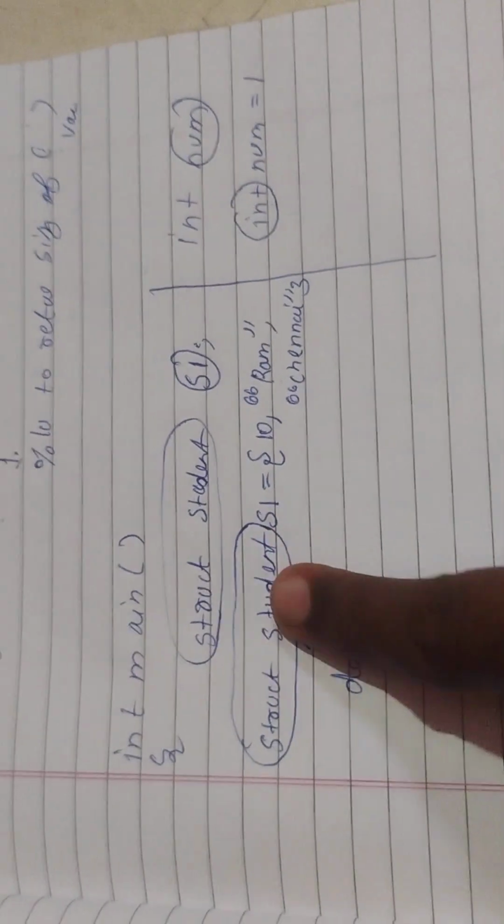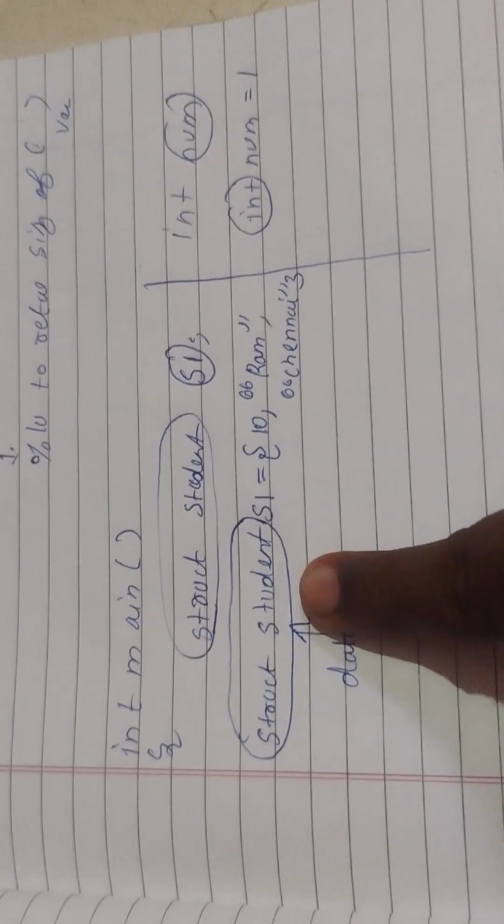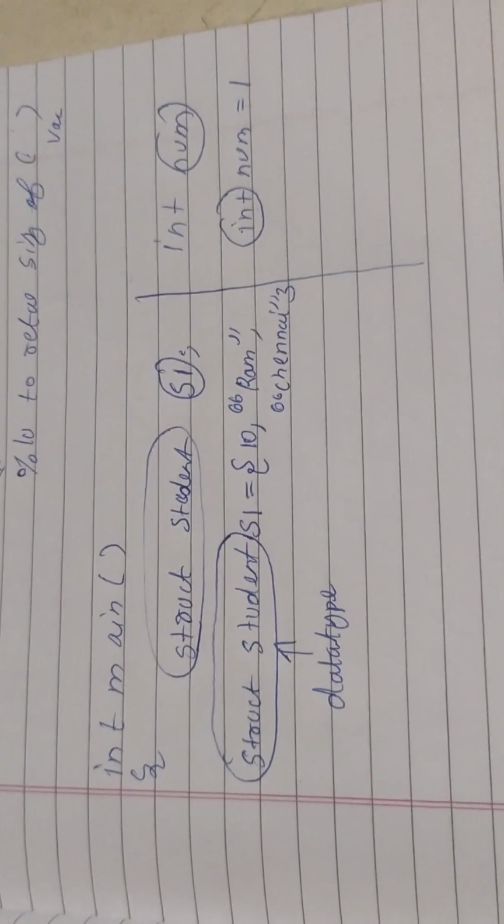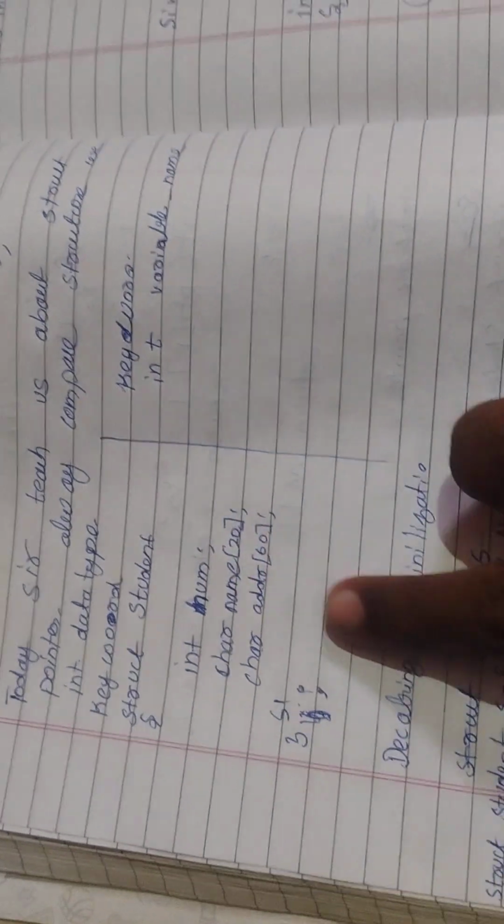If we see struct student, in our mind it automatically tells us what variables I inserted here: num, name, address.